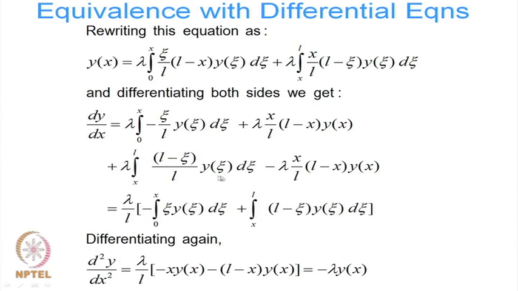In this case the lower limit is non-constant, so I have a minus sign, and the derivative of x gives me 1, and then I evaluate this function at xi is equal to x, which gives me x by L, L minus x, y of x, right?